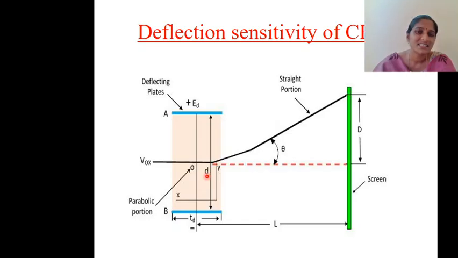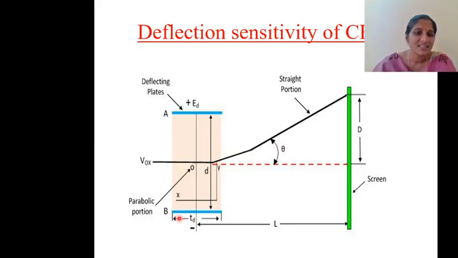Next, Ed is the voltage on the cathode, and the distance from the center of the plates to the screen is capital L. The distance between the center of the deflection plates to the fluorescent screen is represented as capital L, and capital D is the deflection made by the signal on the screen, and theta is the angle made by the signal with the horizontal axis.